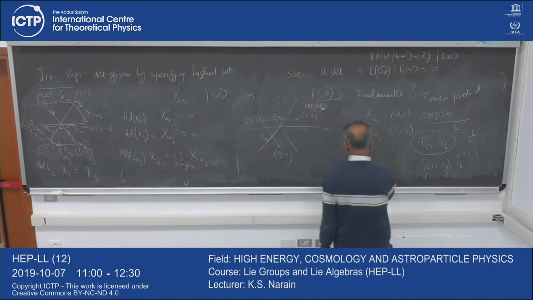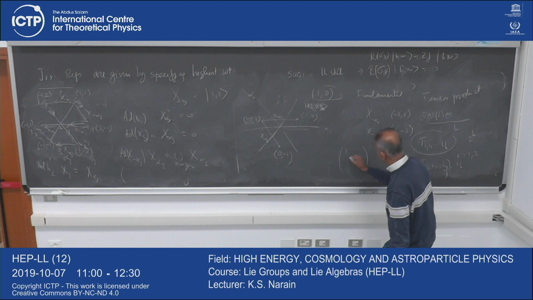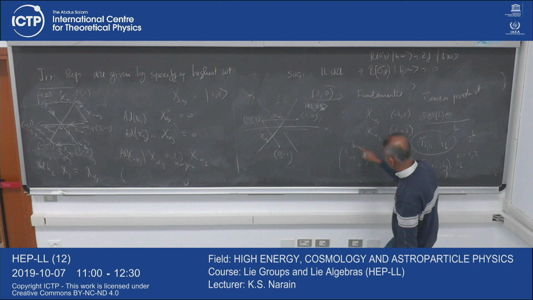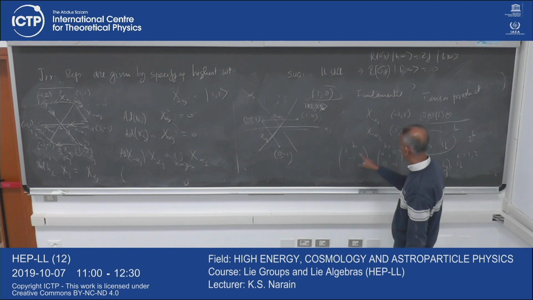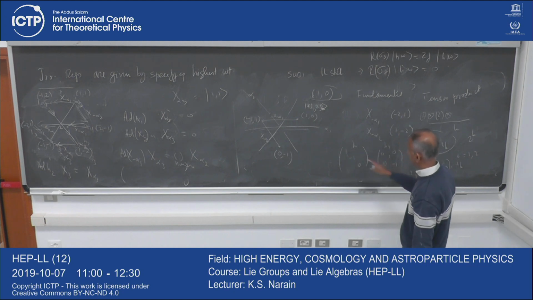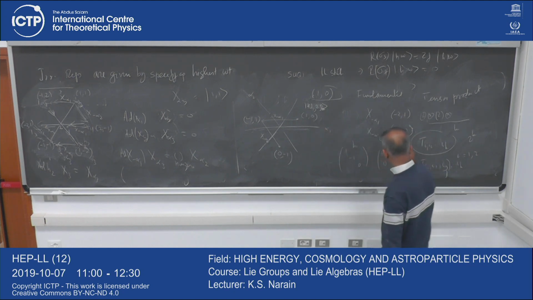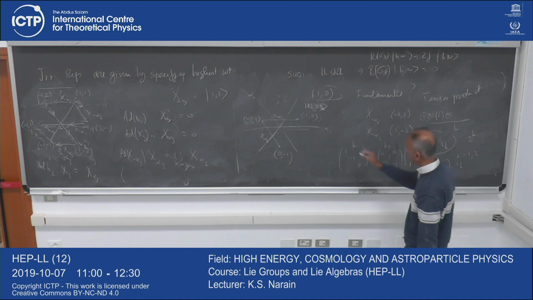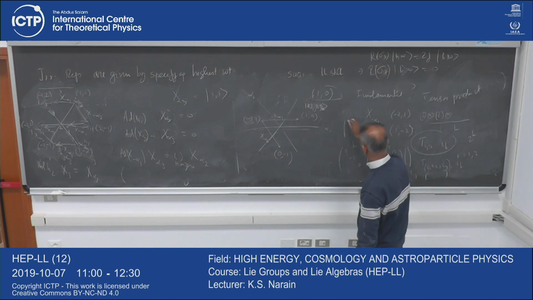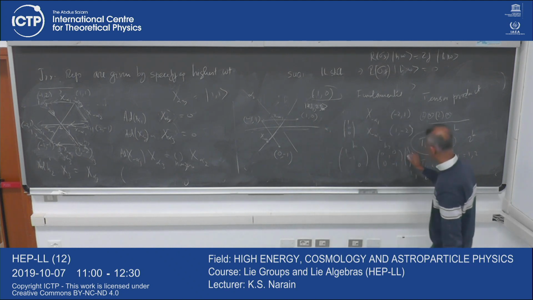The way we defined H1 was 1, minus 1, 0, a defining 3 by 3 matrix, and H2 was 0, 1, minus 1, 0, 0. So notice that this state with eigenvalue 1, acting on a 3-dimensional vector, this state was simply 1, 0, 0, right?